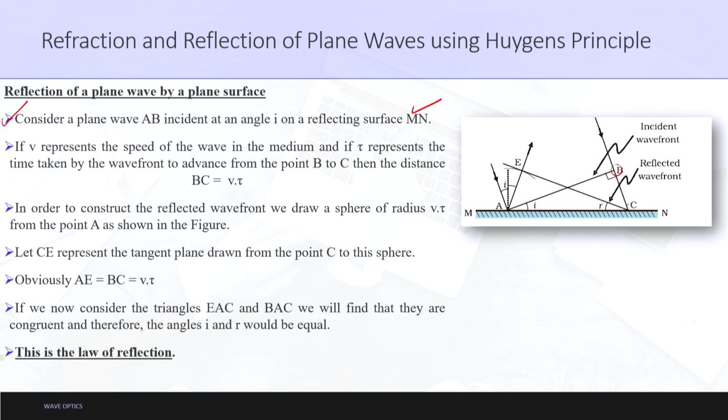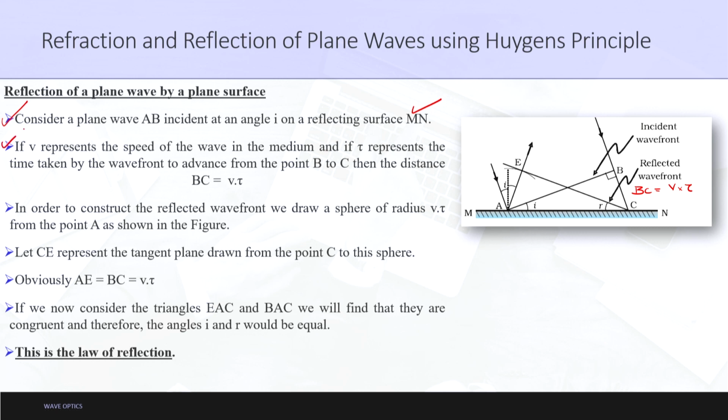B is this point. What is C here? This is this point. So, this is nothing but the same construction which we used for the refraction concept. So, here let BC is equal to v1 multiplied by tau. Because there is no need of any two mediums, we can directly write v1 as v only, there is no use of subscripts. Hence, BC is equal to v into tau.